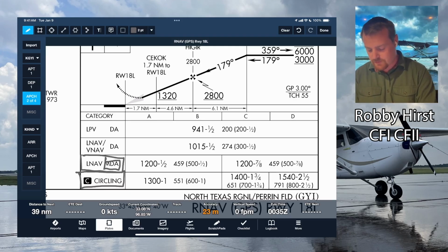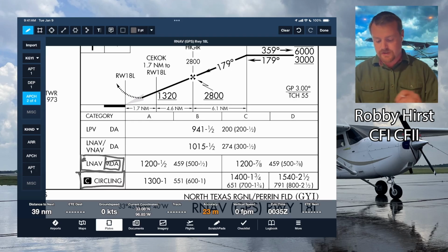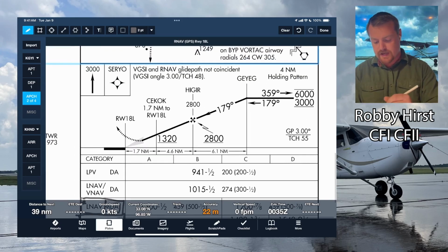So we're going to spend more time talking about this LNAV coming in. Let's say you don't have a WAAS-enabled GPS, and so we're going to be flying these step-down approaches. So as we reach GAIAG, if we had that glide slope, we'd be able to fly that nice, beautiful 3-degree glide slope in. But without it, this is going to look more like this.